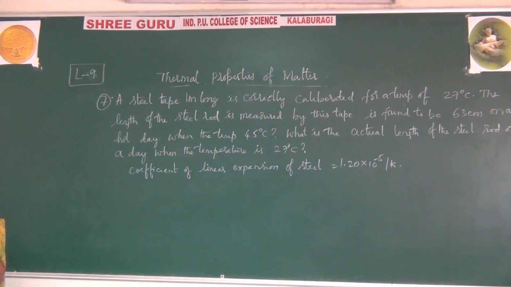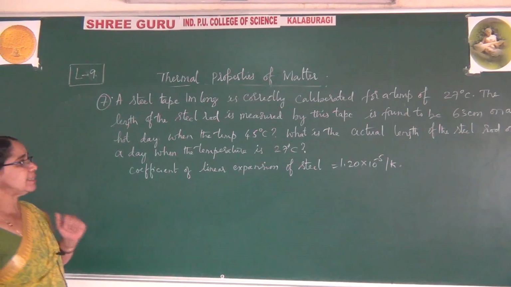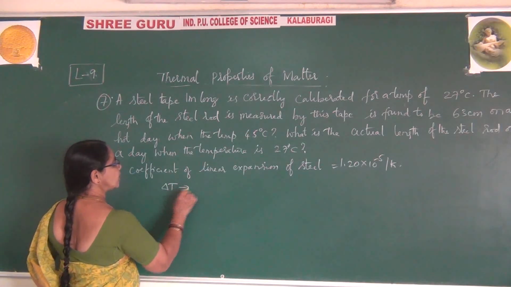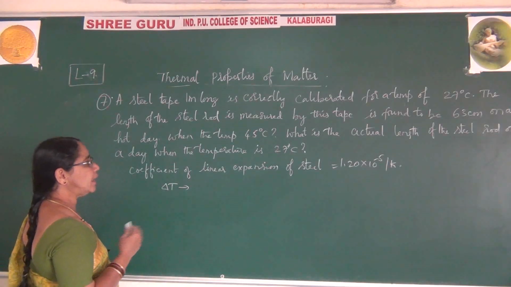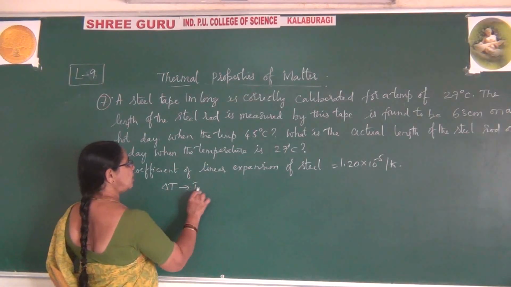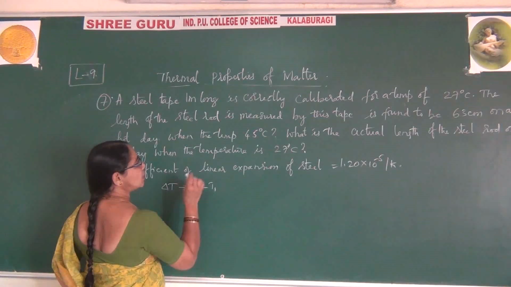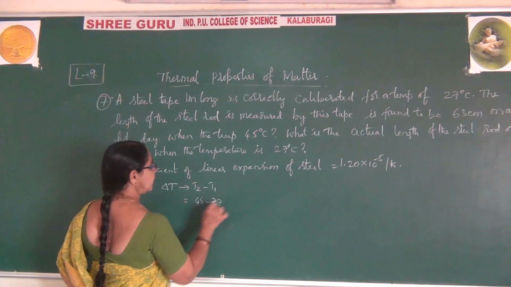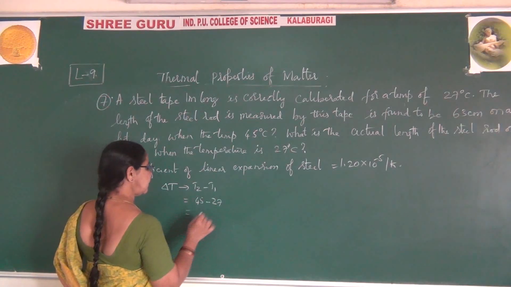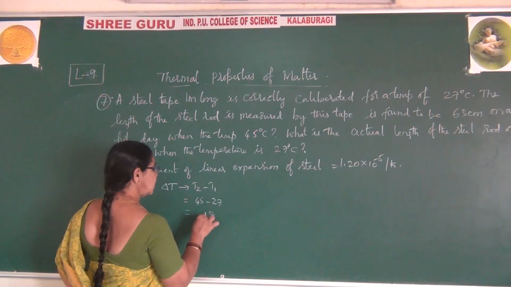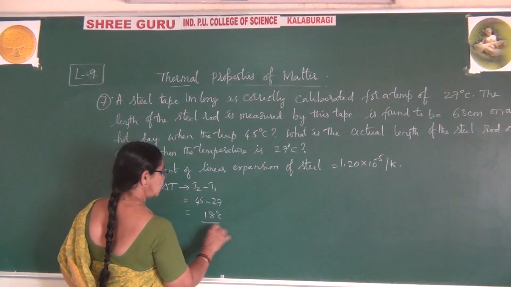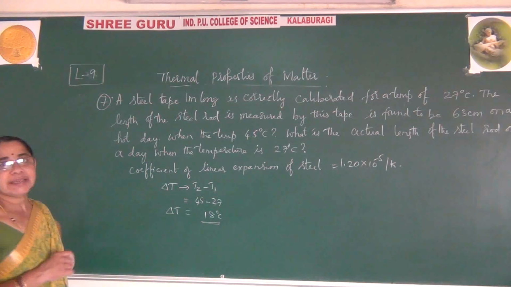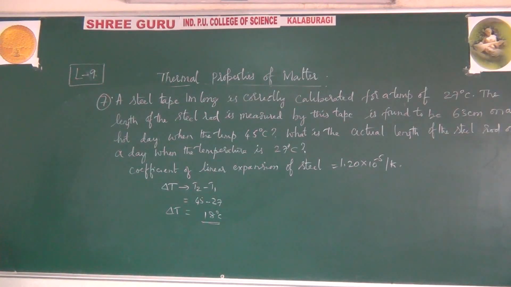First let me calculate the difference in temperature, delta T. Delta T is T2 minus T1, that is 45 minus 27, so 15 minus 7 is 8, and here 1, so 18 degree centigrade. This is the rise in temperature.